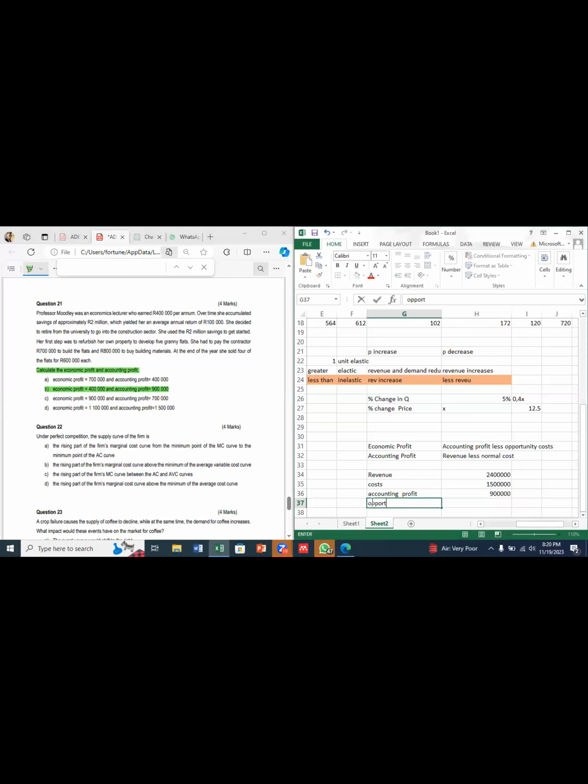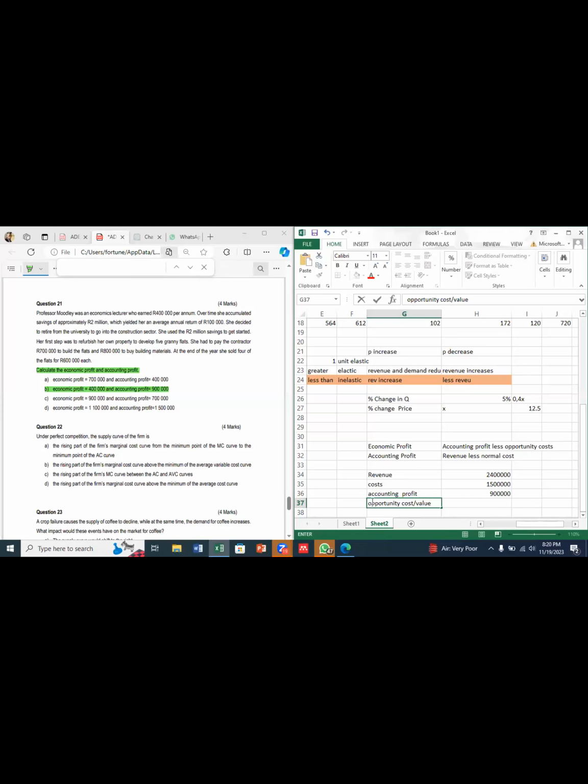The opportunity cost is the value of the foregone alternative. So she had 2 million that she had invested, earning a 100,000 return. So what is the opportunity cost here?